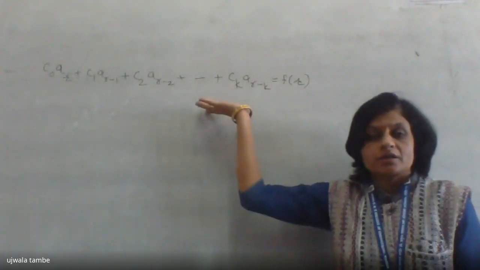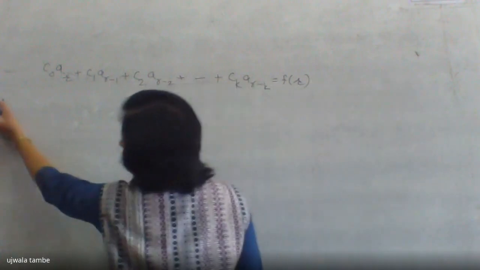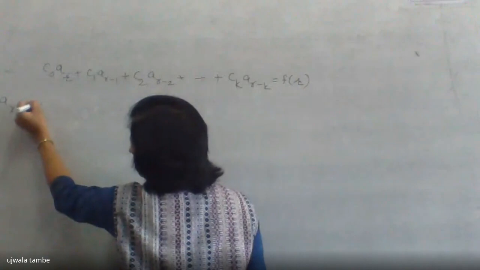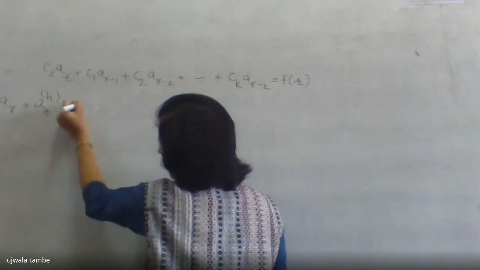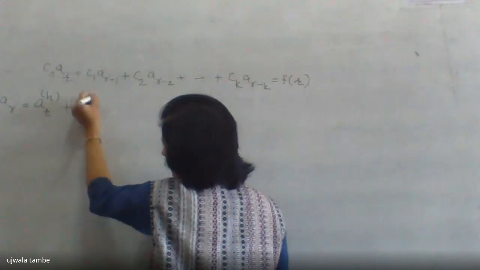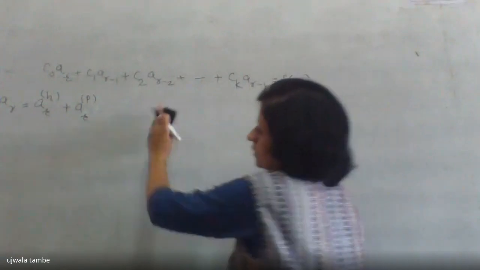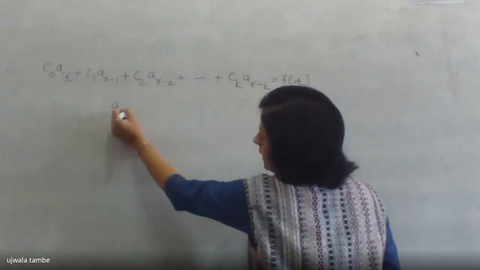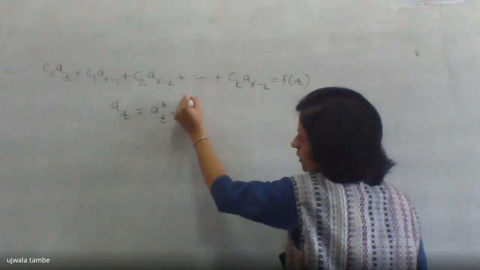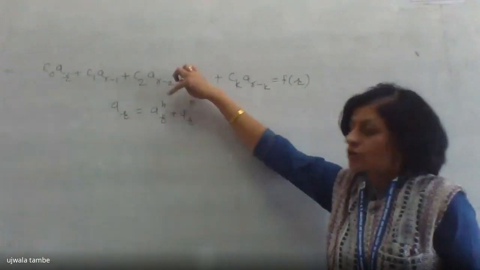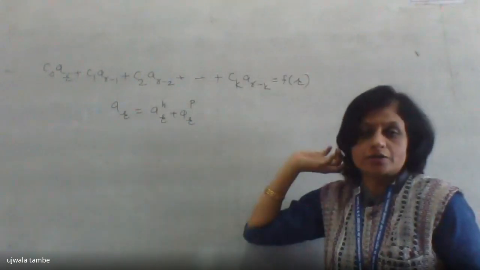Using the non-homogeneous recurrence relation to find the complete solution. Complete solution means AR is equal to AR raised to H plus AR raised to P. ARH means the solution of the homogeneous recurrence relation and P means the particular solution.